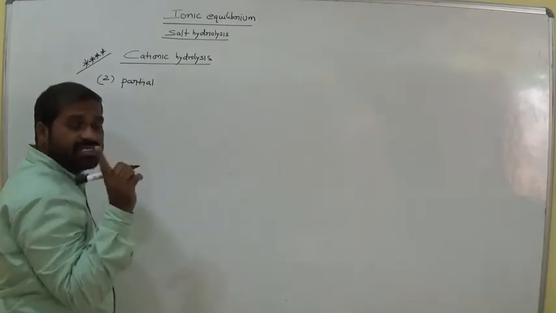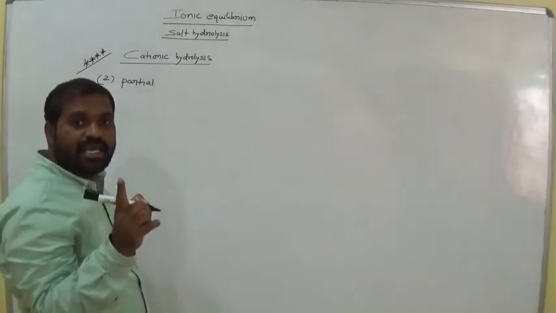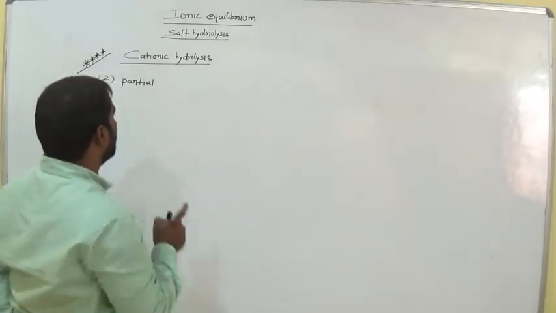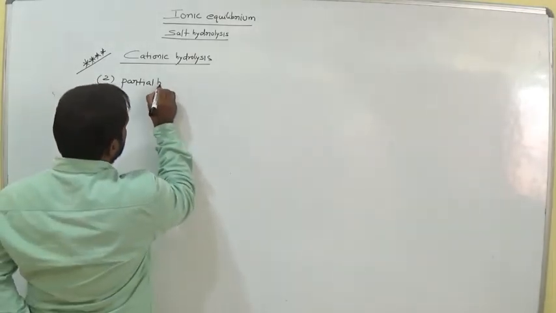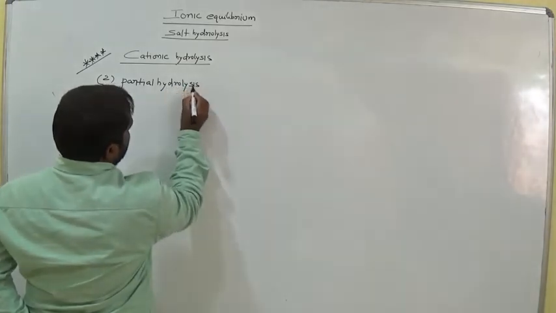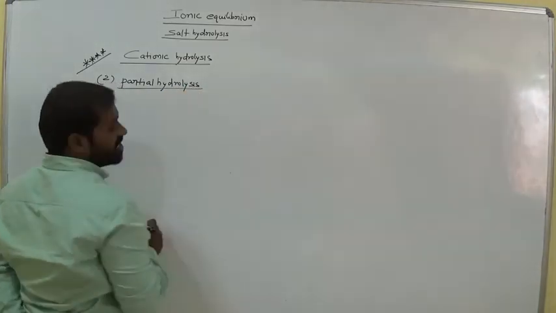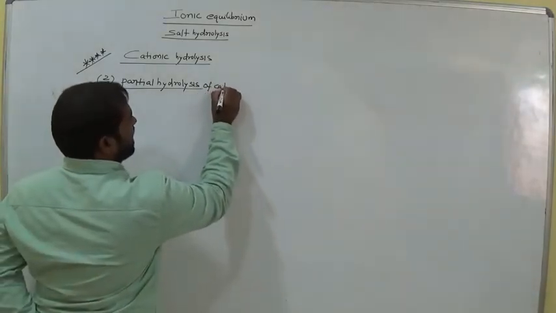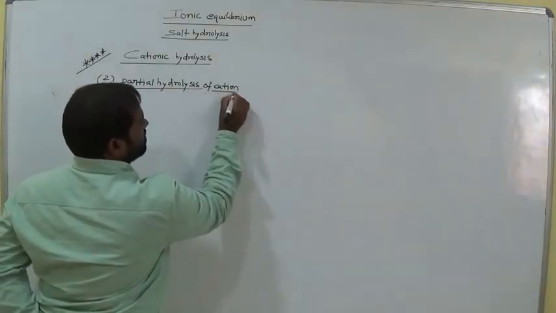Due to the hydrolysis, we get excess H+. That is, the solution is acidic in nature. Remember this point. Partial hydrolysis of the cation. So this is the cation from the salt, remember that.